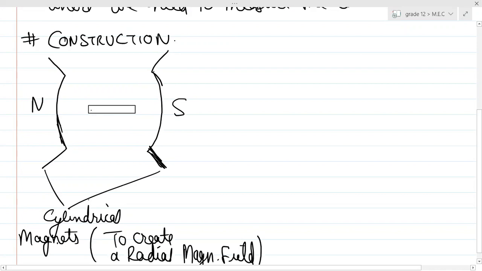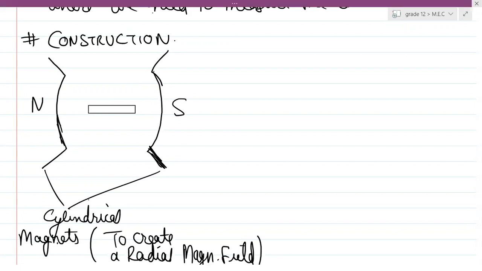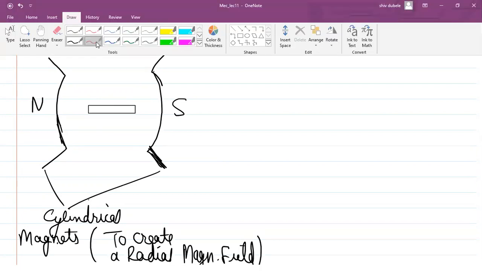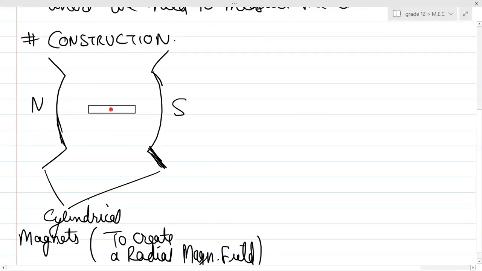Yes or no, guys? Can you see a coil? Yes, sir. And there are two spiral springs. What do you mean by spiral springs? Have you seen springs which are in the shape of a spiral? So there are two spiral springs, one at the top and one at the bottom. We won't be able to see this part.